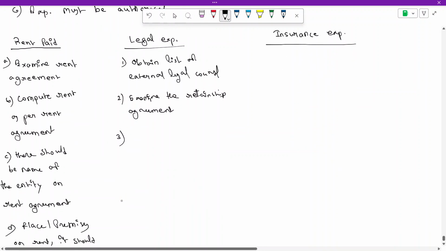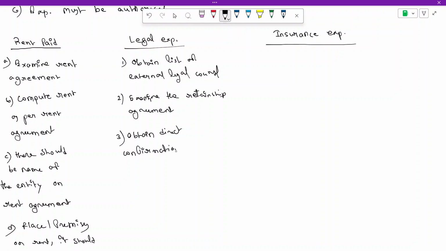Third is obtain direct confirmation from external legal counsel.